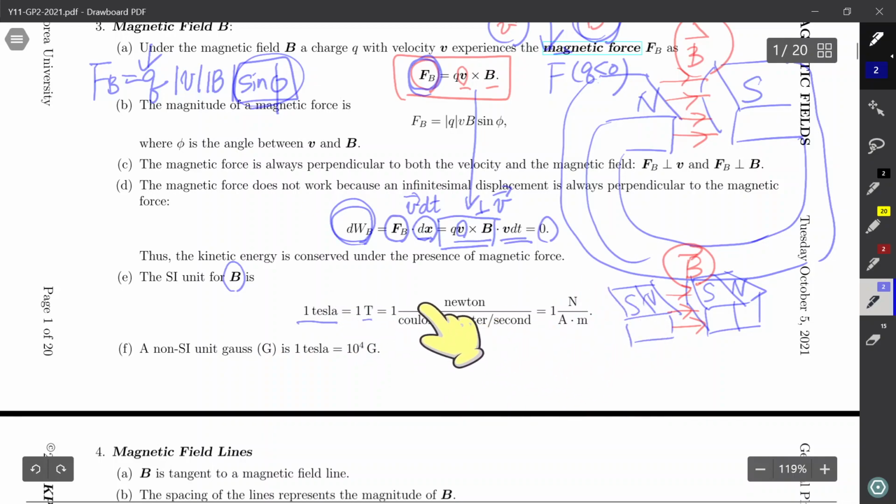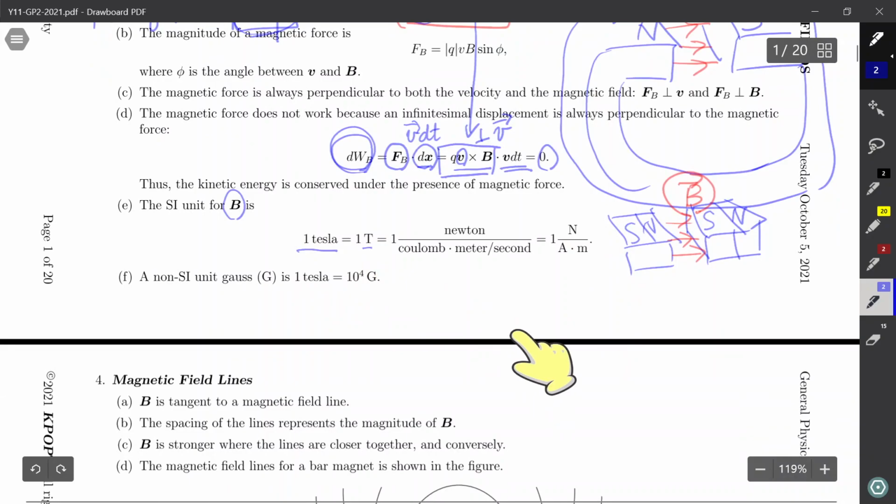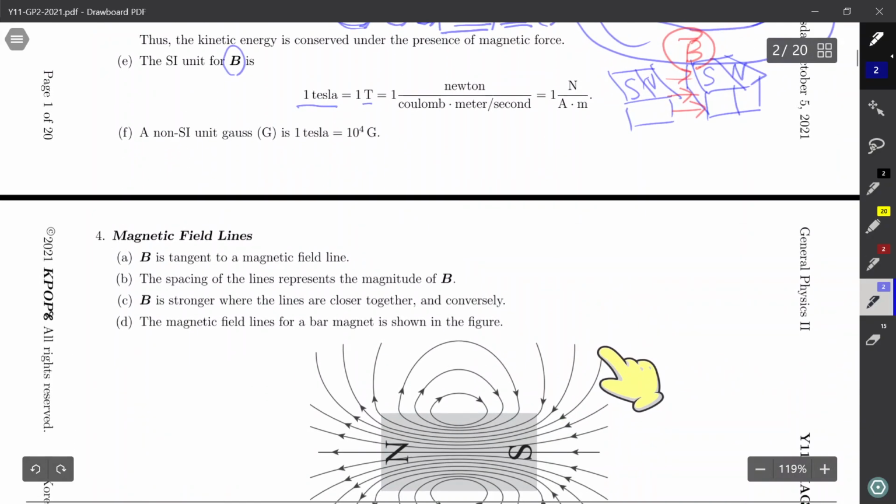That is understood as the Tesla, another expression for the magnetic field unit. And 1 Tesla is 10 to the fourth Gauss, named after Gauss.